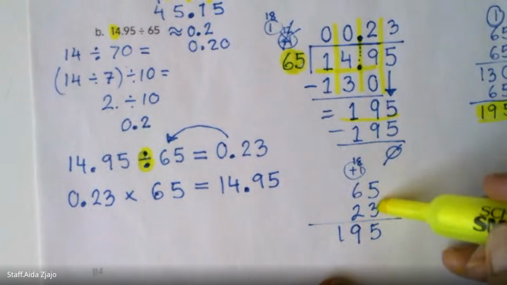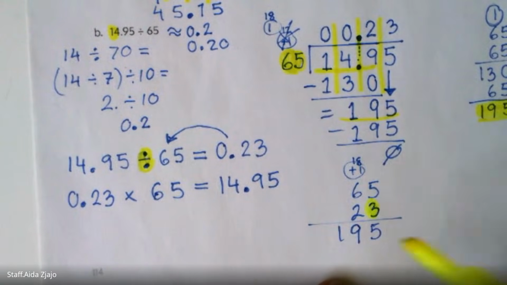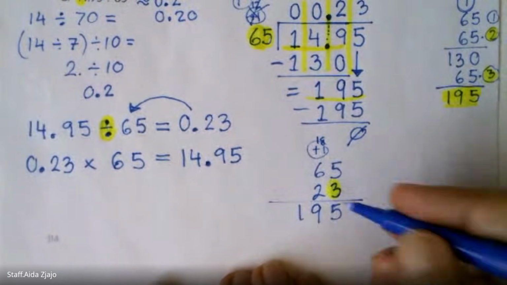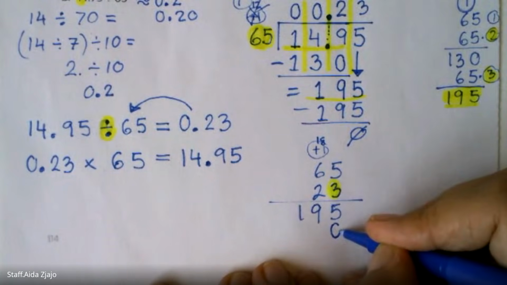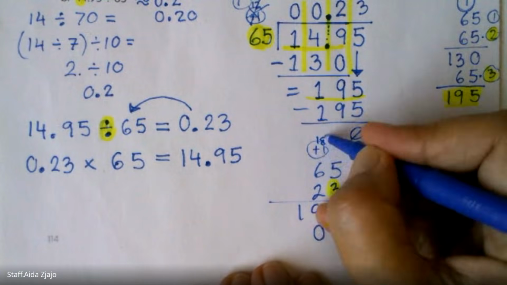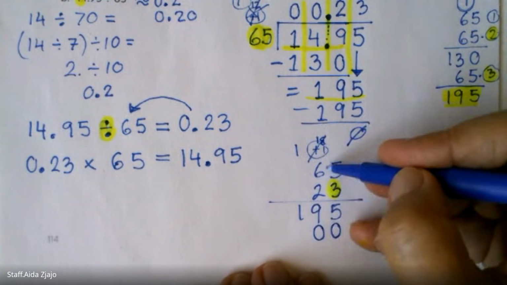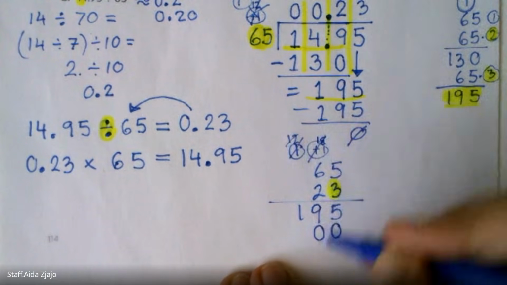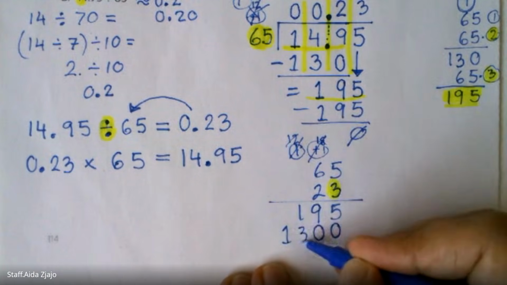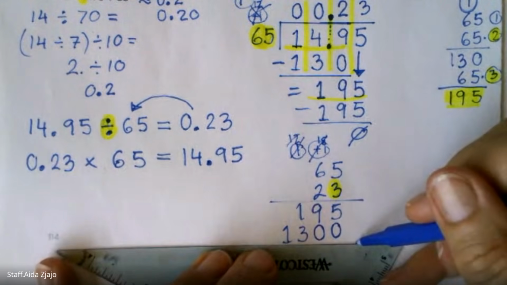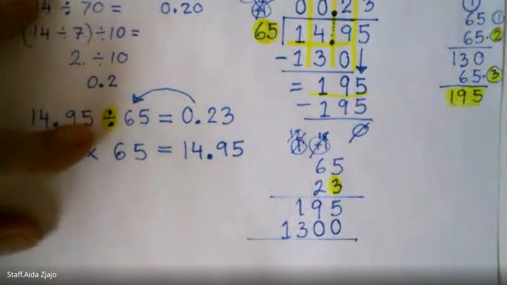We're done with ones. 3 times 65 is 195. And then you're going to put 0 for 20. 2 times 5 is 10. Remember 1. 2 times 6 is 12, plus 1 is 13. So now you can add these together.